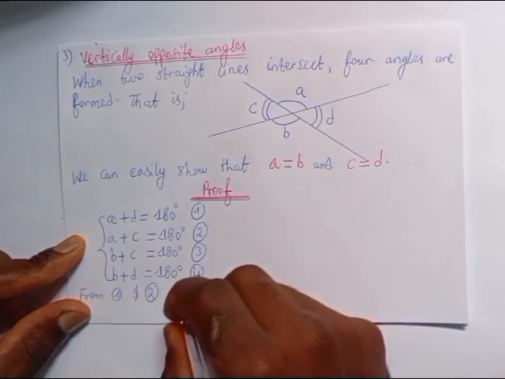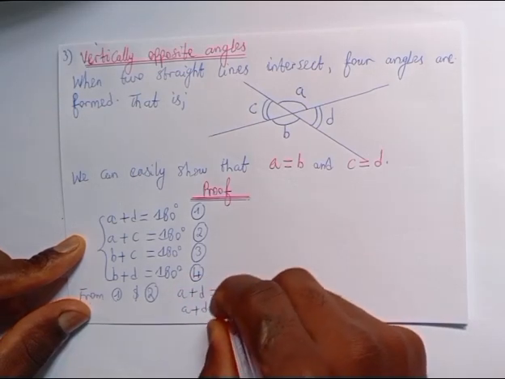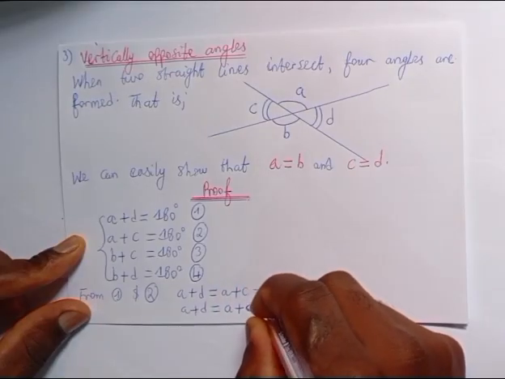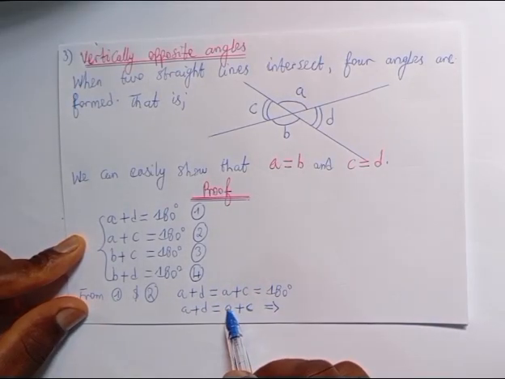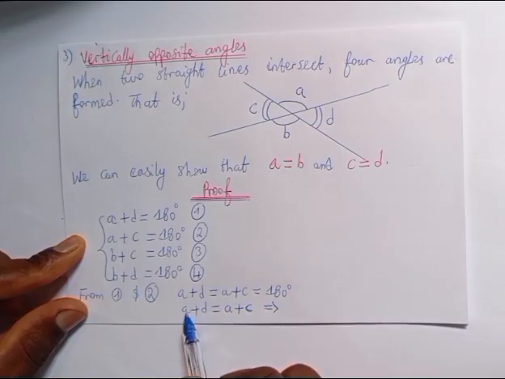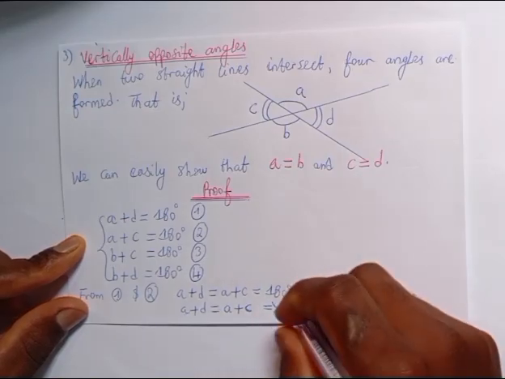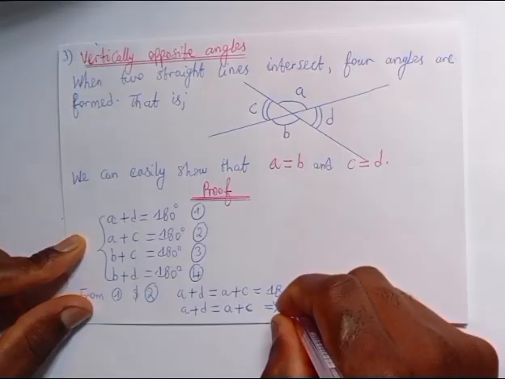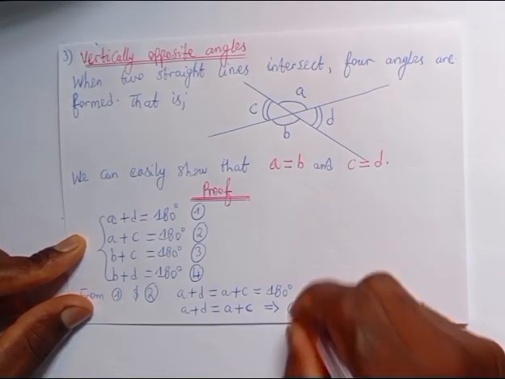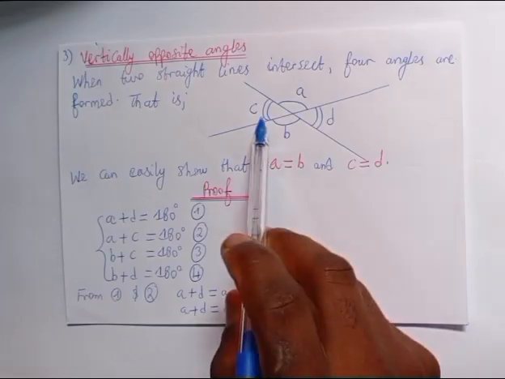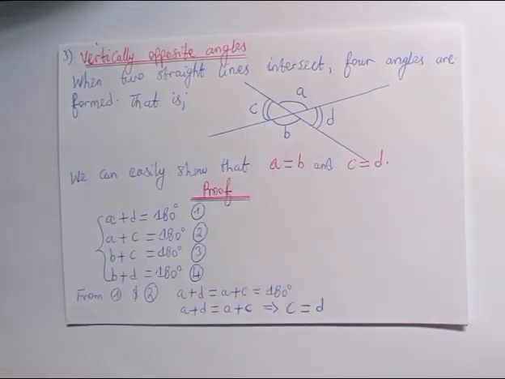This will give us A plus D to be equal to A plus C. Then, if we transfer A to the left hand side, A minus A gives us 0. We'll be left with C equal to D. The angle C is equal to the angle D, which is true.